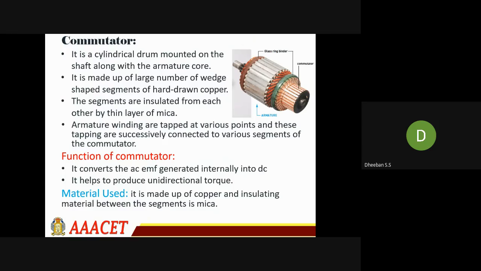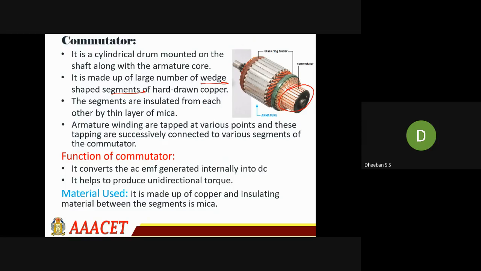Coming to the commutator, this is a very important thing, so you have to know it. It is nothing but a cylindrical drum mounted on the shaft with the armature core. It is made up of a large number of wedge-shaped segments. Here you can see there will be some grooves over it.